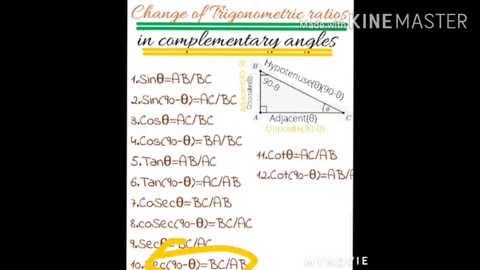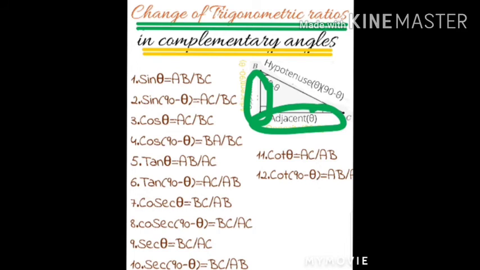Now we are moving to the cot trigonometric ratio. Cot theta will be equal to adjacent by opposite. With reference to theta here, the opposite side is AB and adjacent side is AC, so cot theta is AC by AB.